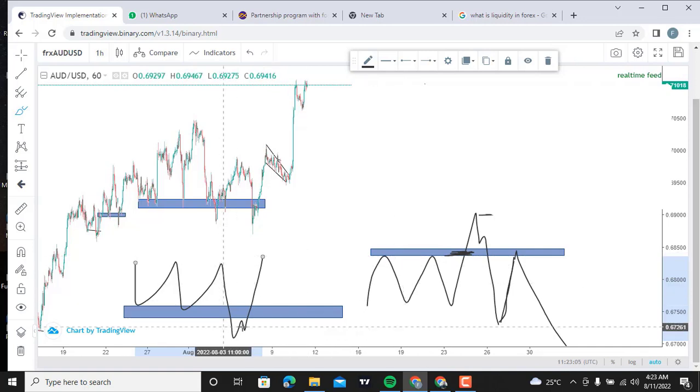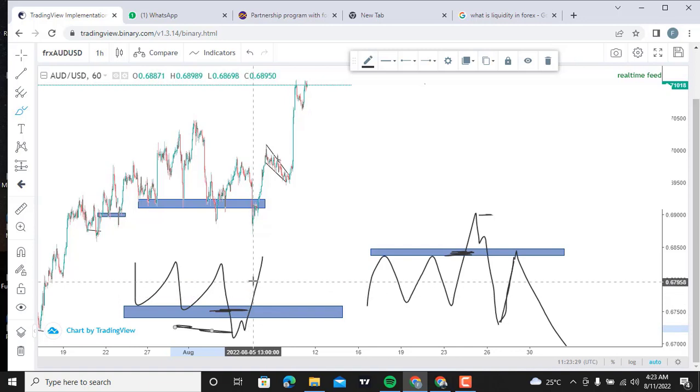So you can see that when price comes the third time, the market makers will execute sell orders in order to push price down, while many people actually buy. Because there's liquidity lying below this zone, market makers would like to move price down in order to grab liquidity and then start countering the move.